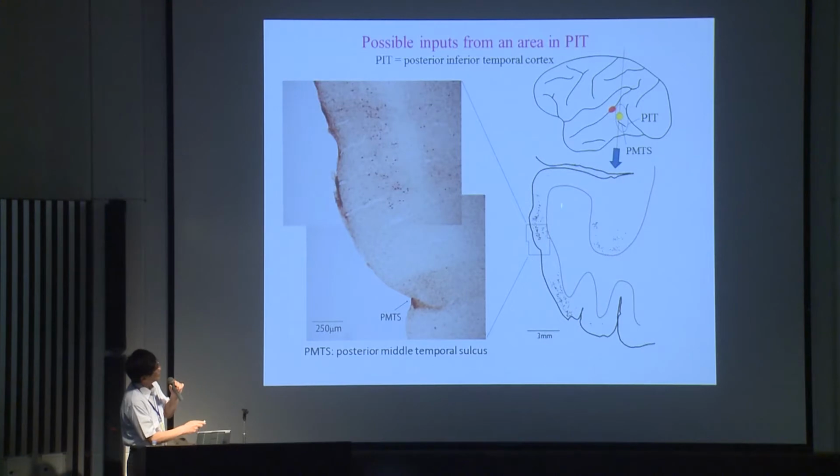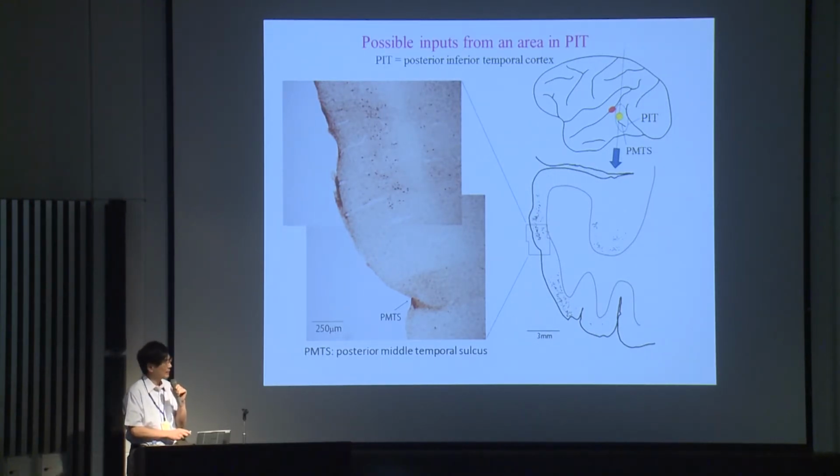And these dots indicate the retrogradely labeled neurons. This is STS and this is PMTS, the anterior end of PMTS. And in this picture, these brown dots are the retrogradely labeled neurons. And there's a cluster of labeled neurons at the location slightly dorsal to the anterior end of PMTS.